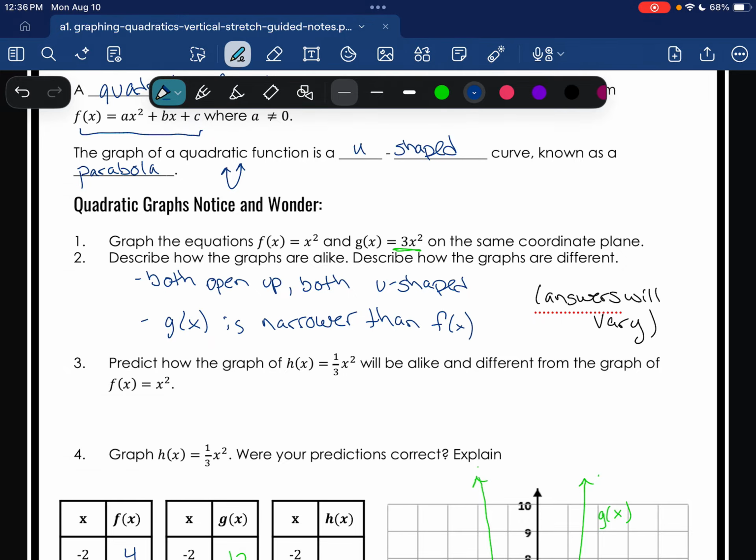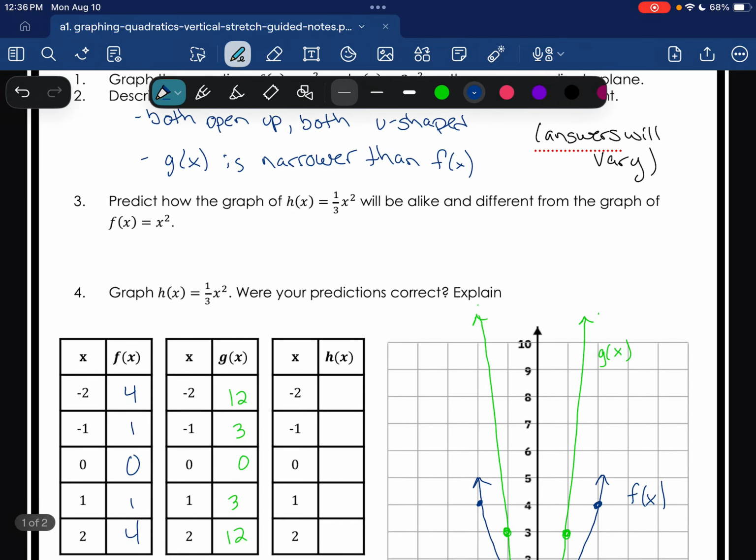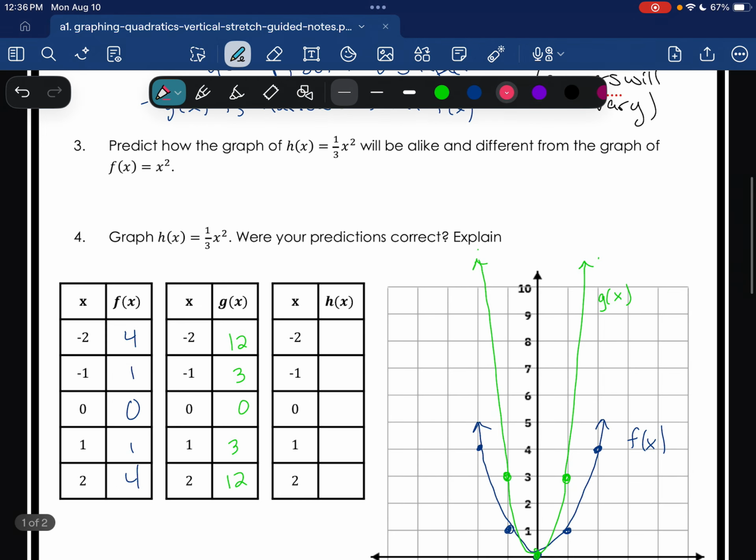All right. So then, based on that, we wanted to say, well, what do you think is going to happen in h of x here? If we do 1/3 x squared, what's going to happen? Well, if we do that, we ended up with 4/3, which is about 1.3, then 1/3, 0, 1/3, and 4/3. I'm leaving it like this for a reason right now.